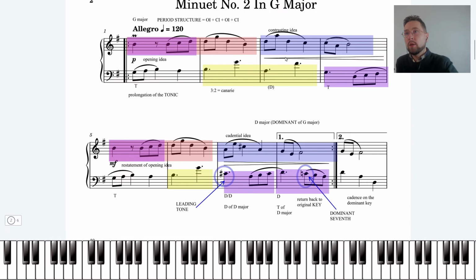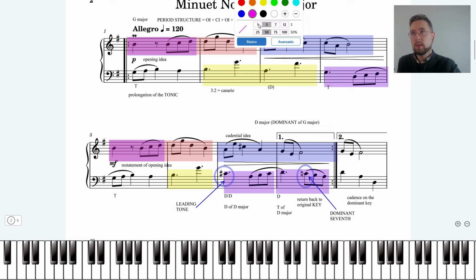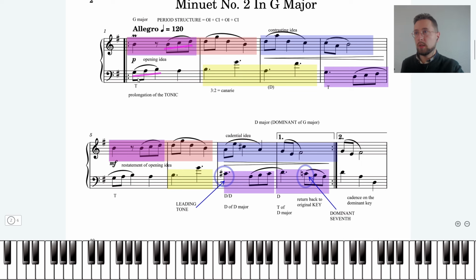Now, motivically, also this piece is much more coherent, because if we look at both hands, we can see how, well, Elijah is being more careful with the motivic coherence of the piece. We can see how the motive of the third is being presented in different ways, also here by augmentation.